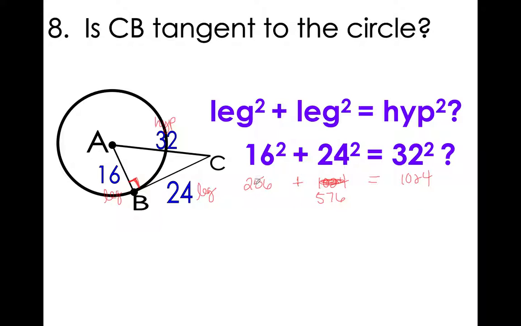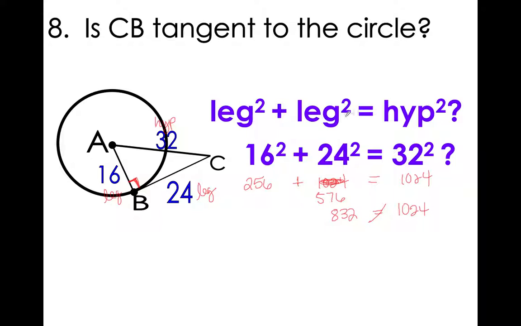So therefore, when I add these things up, notice what I get. When I do 576 plus 256, I end up getting 832. Well, 832 does not equal 1024.